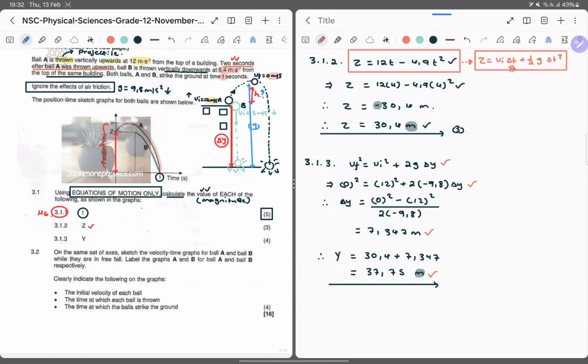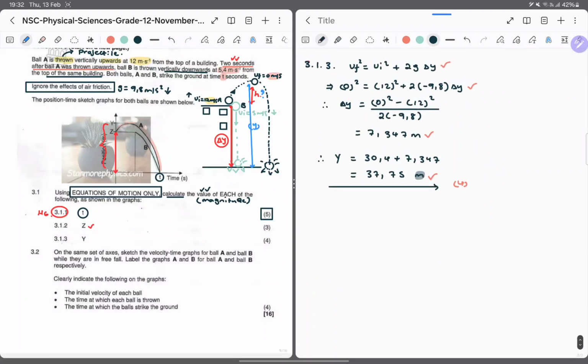Because if somebody said just calculate z, we know z is a displacement, so we need to be careful about it depending on what we used. So we used ball A here in this calculation. So this is how we score those 4 marks. Nothing really out of the ordinary.